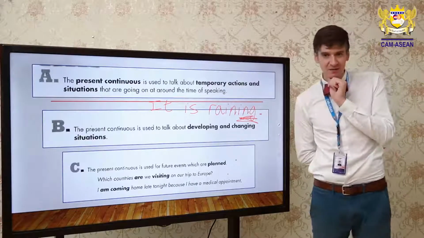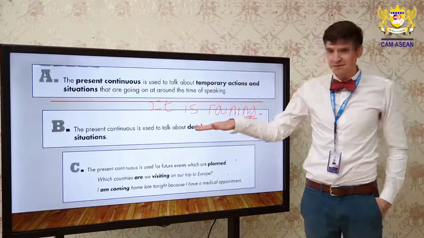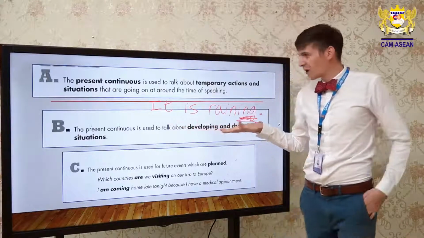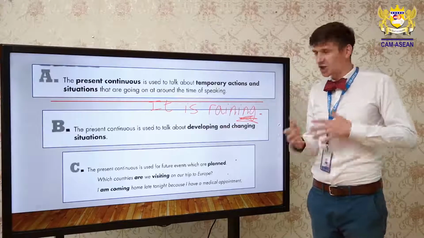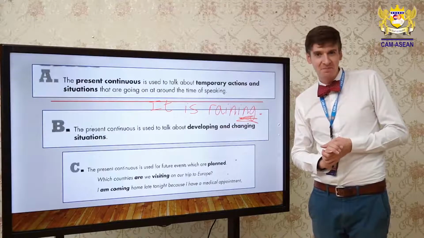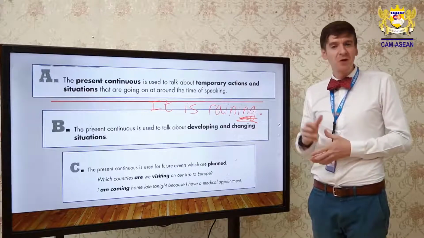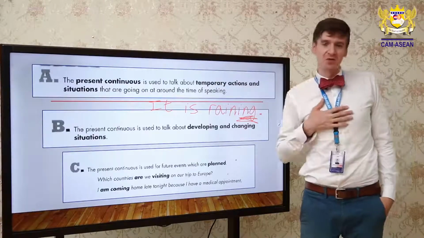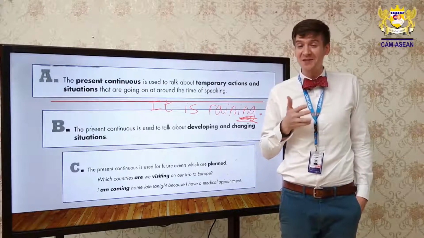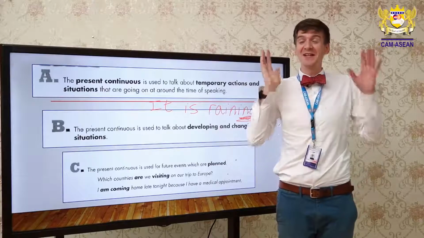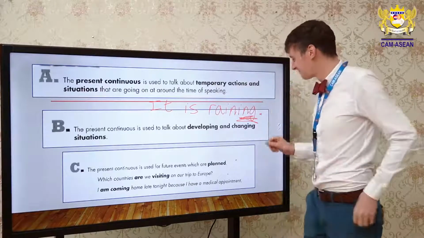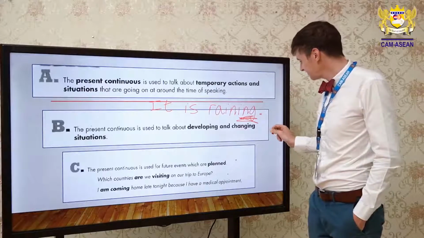It might go in situation B here, where it's changing. It's a changing situation. It's going to rain for a short time, and then it will stop. We can also think about it as a temporary situation. Rain stops and rain starts. Rain is temporary. All right. Very good.